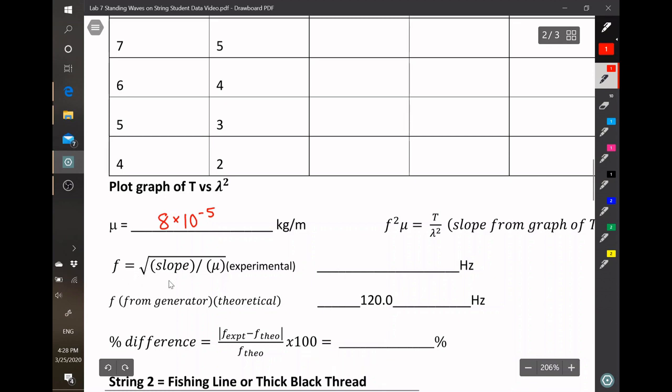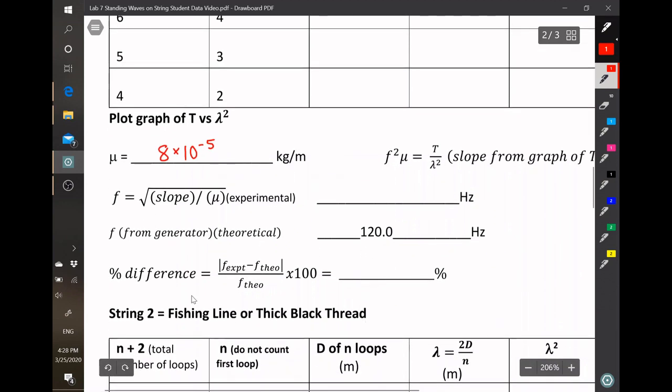You take the square root of that slope and you divide by the linear mass density inside of the square root. The frequency from the generator is the value that we had it set to, so that's going to be 120 hertz. And then finally, you're going to calculate the percent difference between this experimental and this theoretical value.